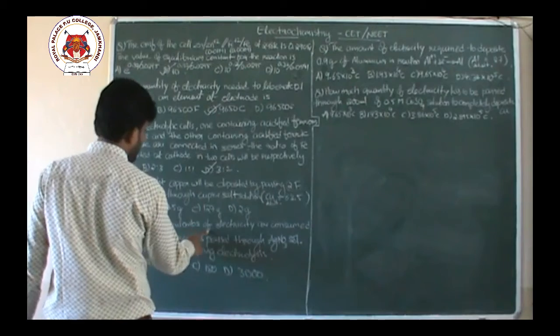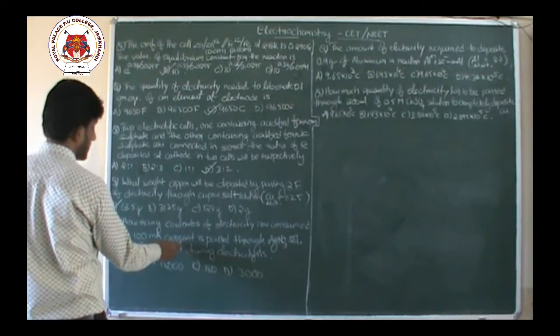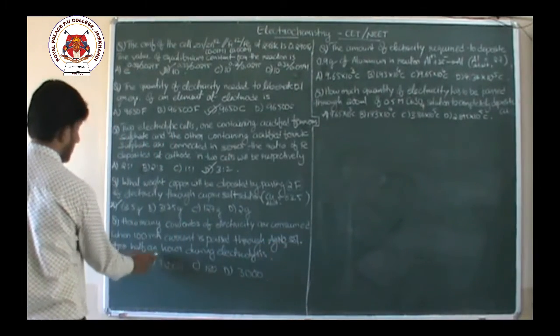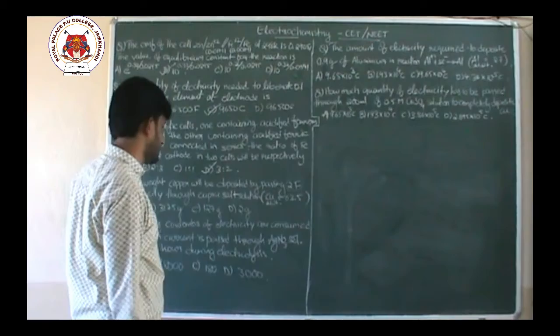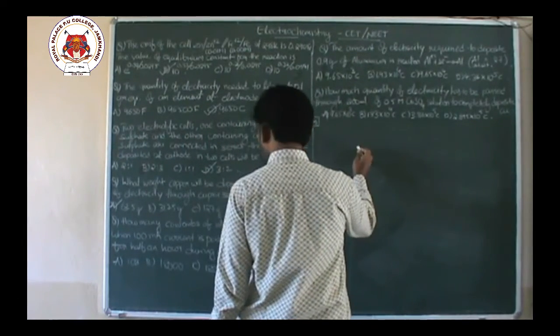Next. How many coulombs of electricity are consumed when 100 milliamperes current is passed through silver nitrate solution for half an hour during electrolysis? Now they want the charge.